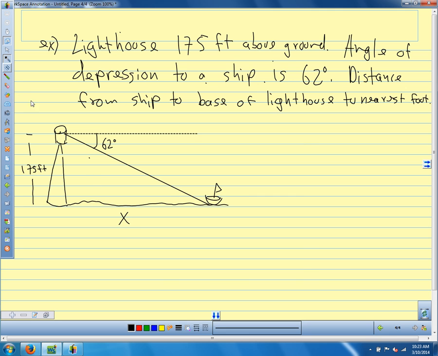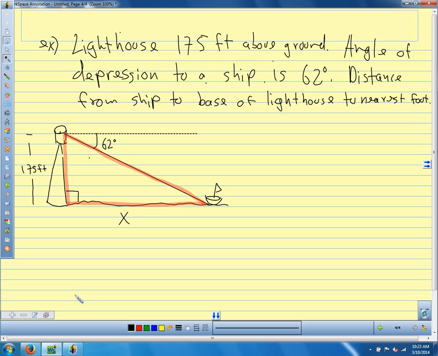So what we're looking at is a triangle that looks like so. And our lighthouse is not leaning, so that's a 90-degree angle. So that's what we're looking at there. All right. Question?